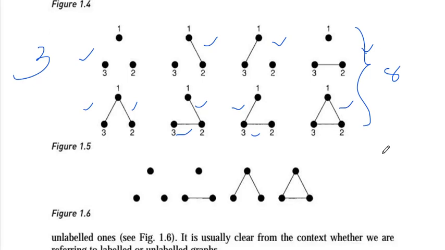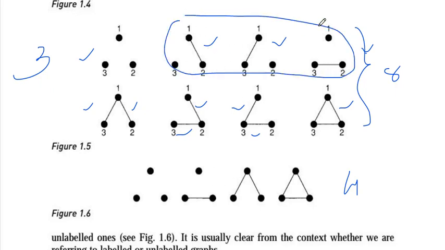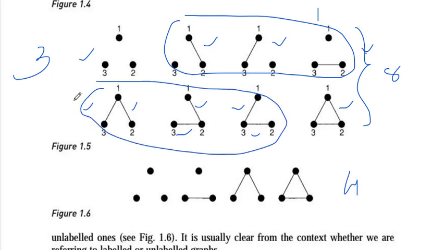But for unlabeled, we have only 4 possibilities, because these 3 graphs will become the same when unlabeled. These 3 also become only one graph, and this one is different. So there are basically 4 possible unlabeled graphs.